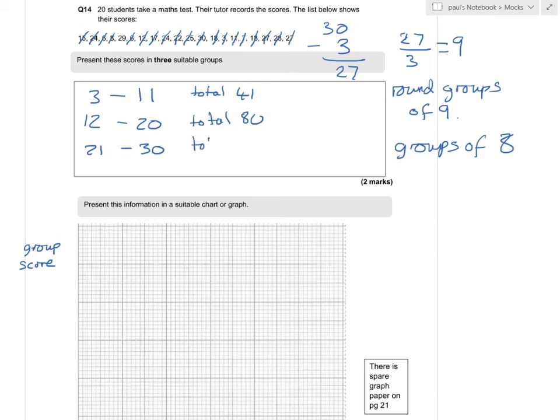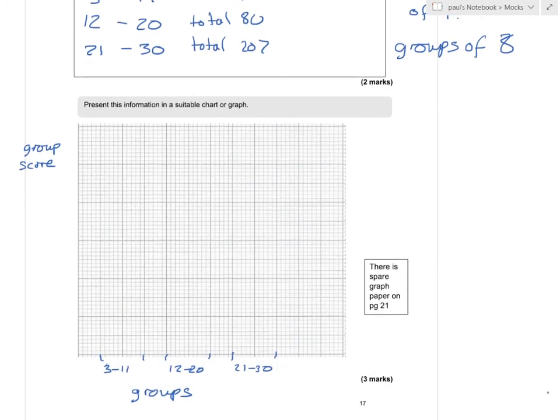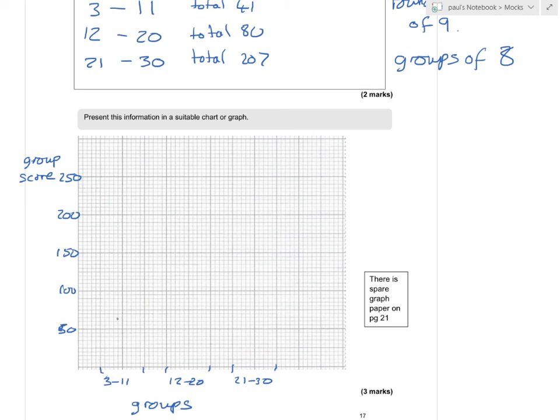So the total of that group is 207. Sure about this, it's a bit awkward this, isn't it? 207. So we're going to go 50, 100, 150, 200, 250. Yeah? So group 1, total 41.